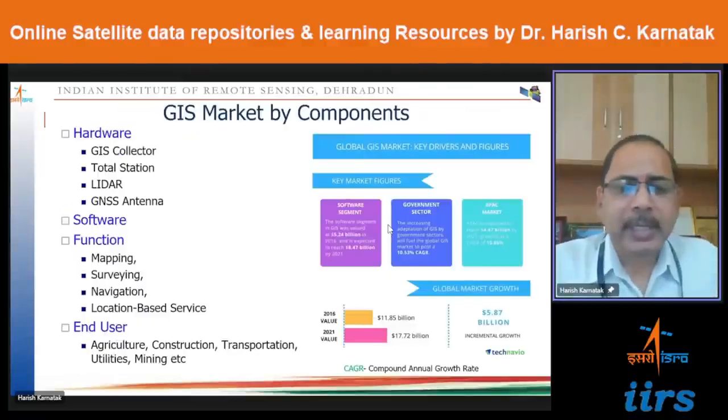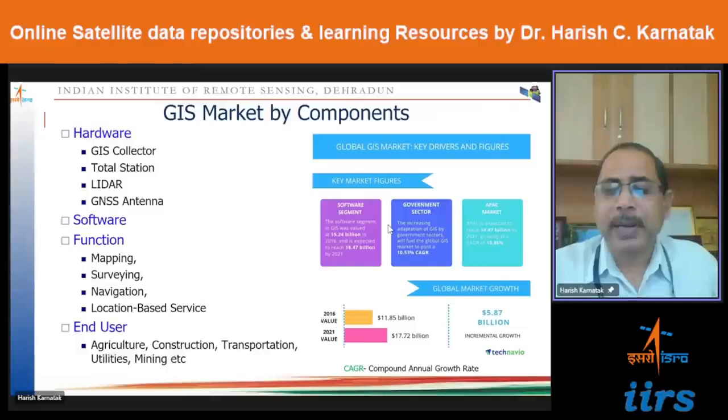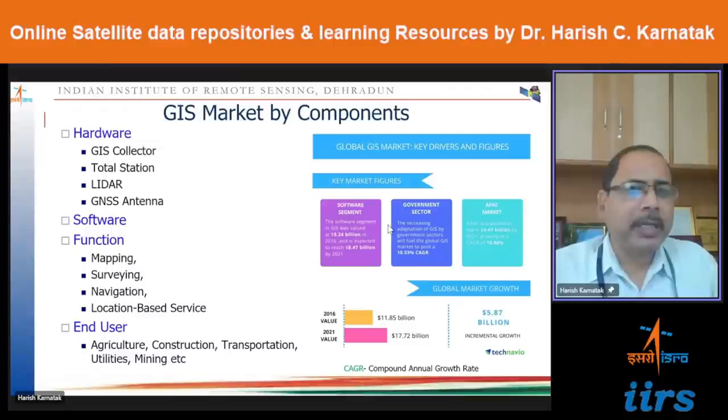As far as the market is concerned, we have seen that the market is also good. Very significant growth is seen in the domain of GIS or spatial data science. There are many market opportunities for GIS data collectors, total station survey, LIDAR surveying, and GNSS antenna software, functions like mapping, surveying, navigation, location-based services, in end users such as agriculture, construction, transportation, utilities, mining activities, and so on.